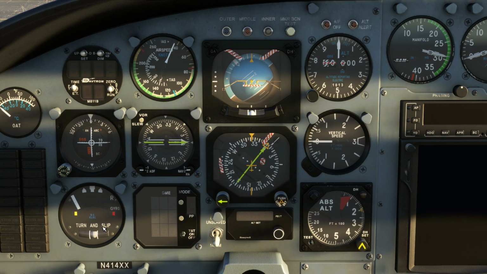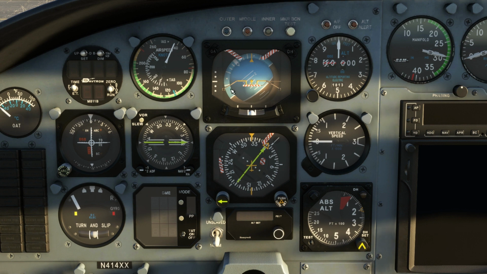This is a turn and slip indicator. This is another radio navigation indicator. Of course, it just shows you where the stations are. ADF or VOR, whatever you want to put there.